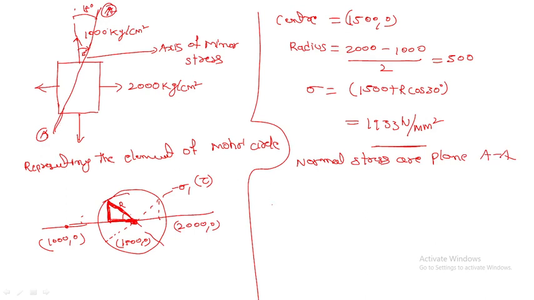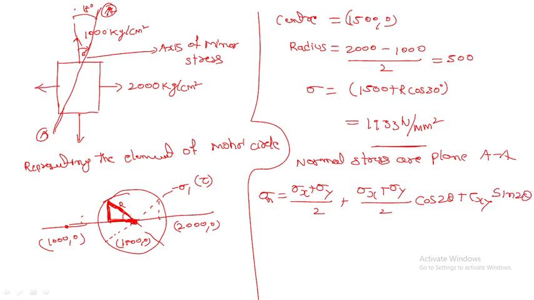We can calculate that by the formula: normal stress at x and y, sigma x plus sigma y divided by 2, plus sigma x minus sigma y divided by 2 cos 2 theta, plus tau xy, the shear stress along xy, sin 2 theta.